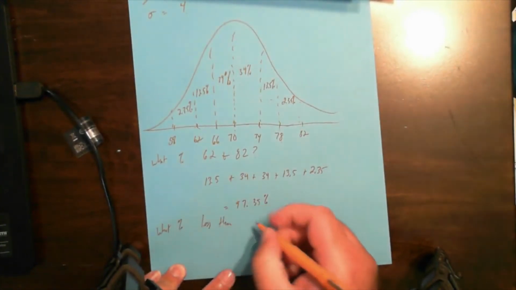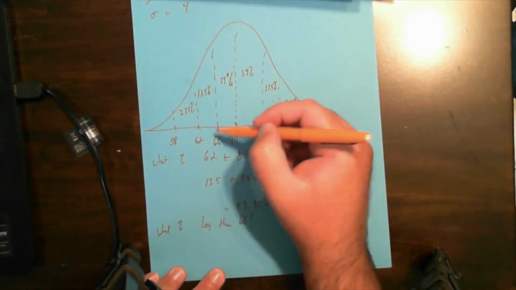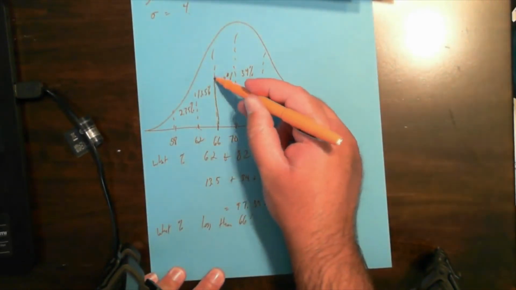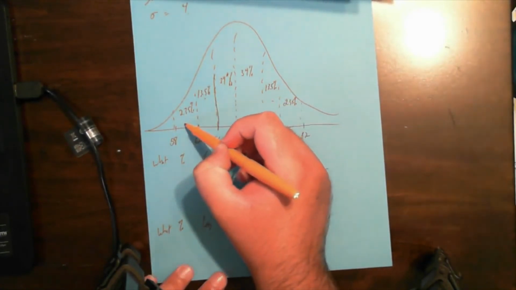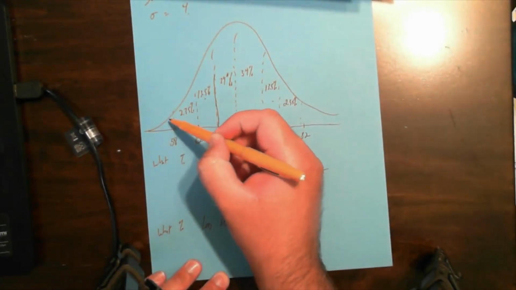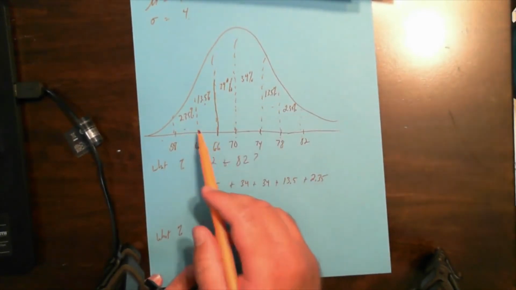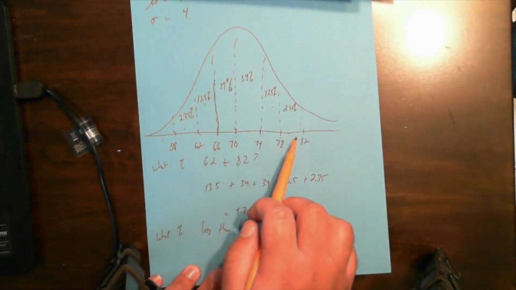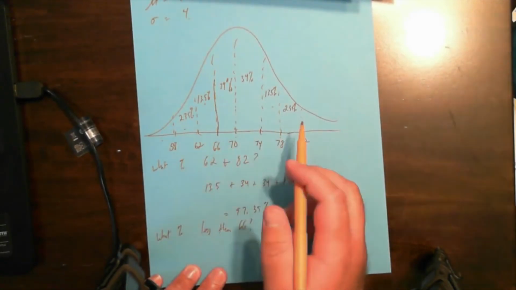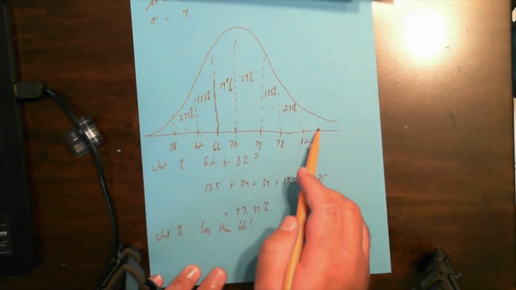Another question is they could ask what percent is less than 66. Okay? So 66 is right here, right? So I know that it would be 13.5 with 2.35, and then I've got this little bit right here. Well, remember, how do I find this little bit if I don't remember it? Well, I do know that within 3 standard deviations, I've got 99.7% of the data. That means I've got 0.30% of the data left between this section and this section.